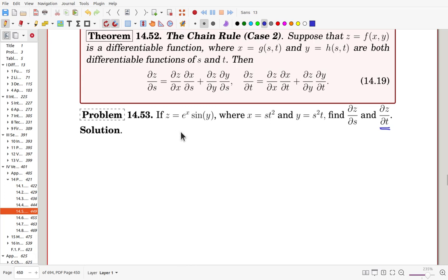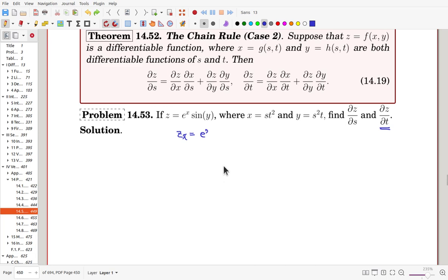So first we have to get the z x derivative. We have here z sub x, z sub y. z sub x is e to the x sine y. And how about z sub y?